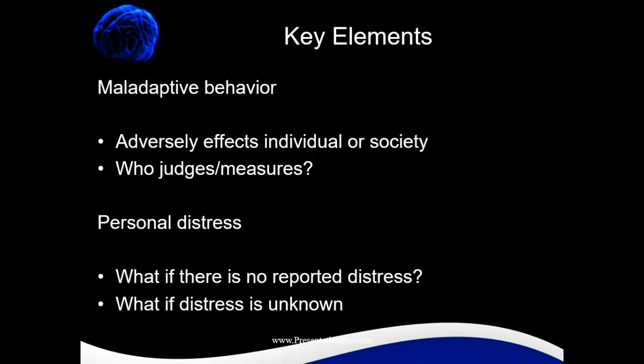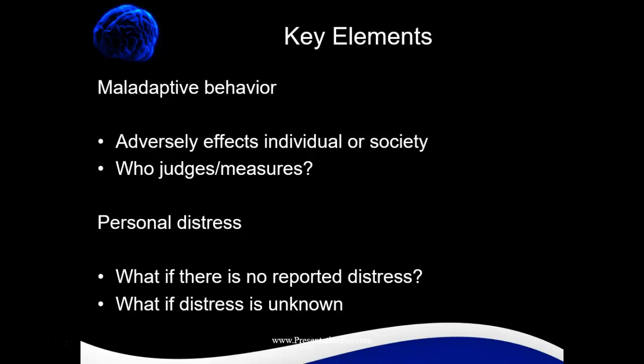These are behaviors that tend to hurt, that stunt growth, that impede goals and development for people. And so maladaptive behaviors adversely affect individuals or society. But again, who judges these measures? Who judges what's maladaptive? Hopefully, this is the work of the clinician and the client together.